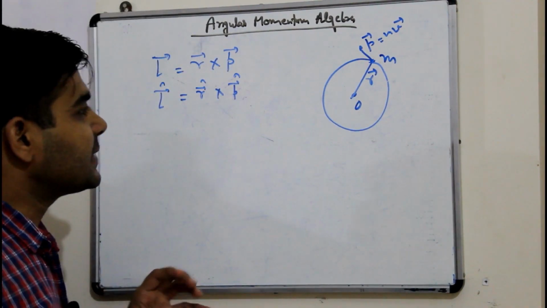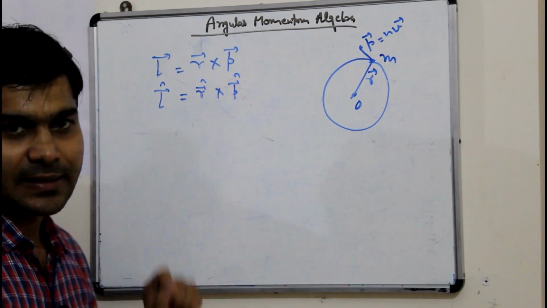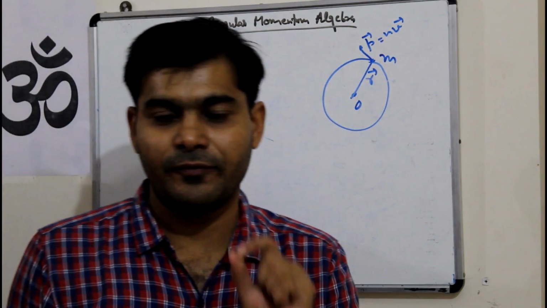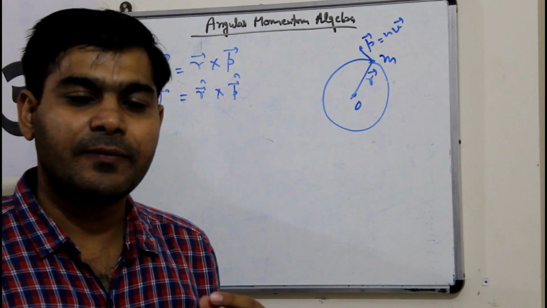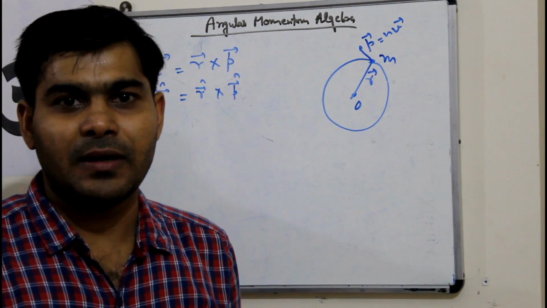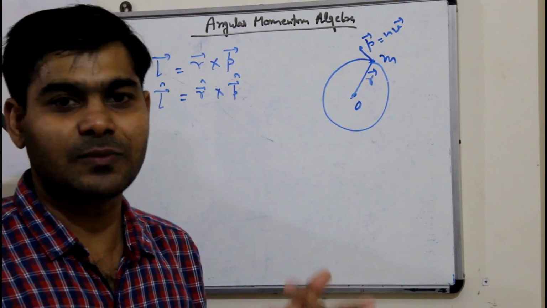Now, what's interesting about this angular momentum algebra is that the L operator, or the different components of this L operator, follow a very interesting algebra, very interesting commutation relations among them, namely Lx, Ly, Lz.